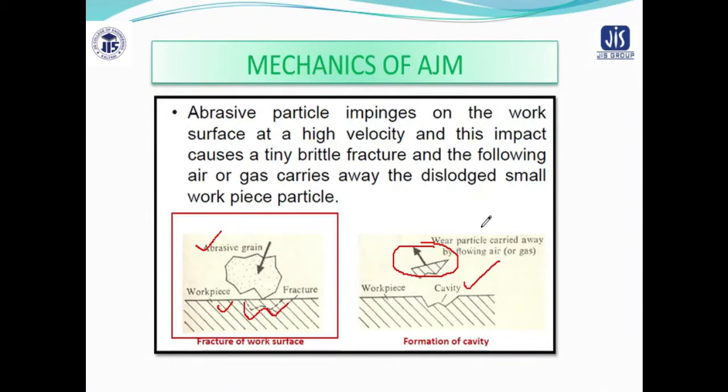The high velocity stream of abrasive is generated by converting the pressure energy of the carrier gas or air to kinetic energy, and hence the high velocity jet helps the particles to impinge on the workpiece. The nozzle directs the abrasive jet in a controlled manner onto the work material. The high velocity abrasive particles remove the material by microcutting action as well as brittle fracture of the work material.